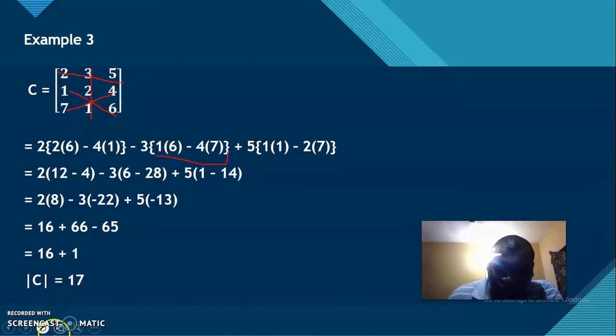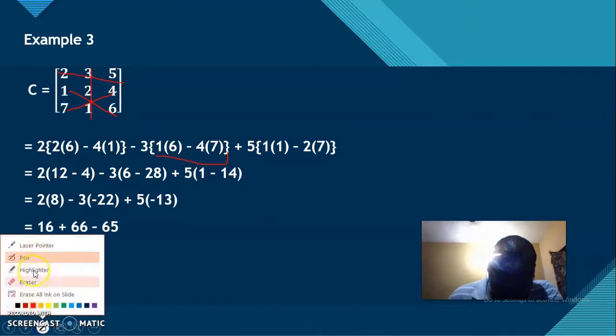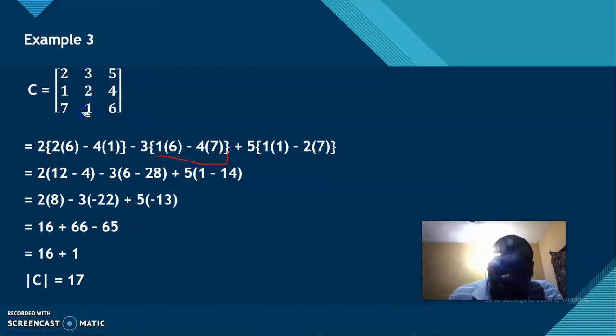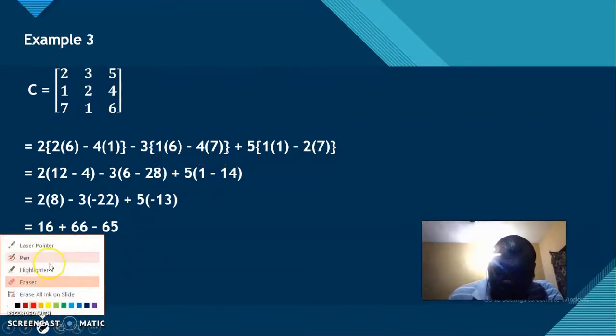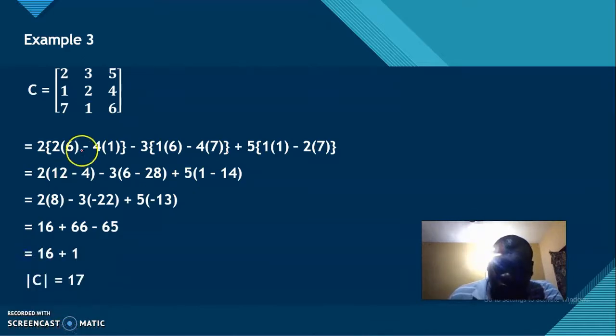Then plus 5, that's the third element and third column. So you now erase the column and the row. So now we have 1, 2, 7, 1.